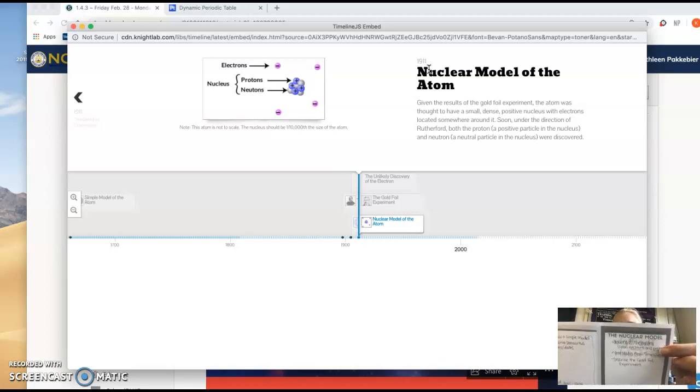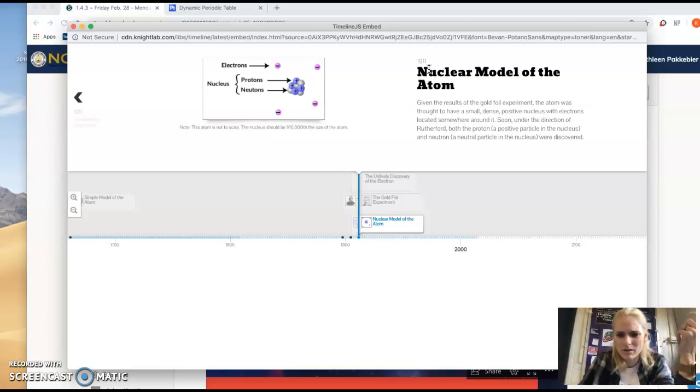You're going to draw a picture of the model. Make sure you put the years and dates, so in this case, it's 1911. And then a description of the gold foil experiment. So basically, how did this model come to be? Why did we jump from plum pudding to this? What was the reason for that? That's what you need to have.